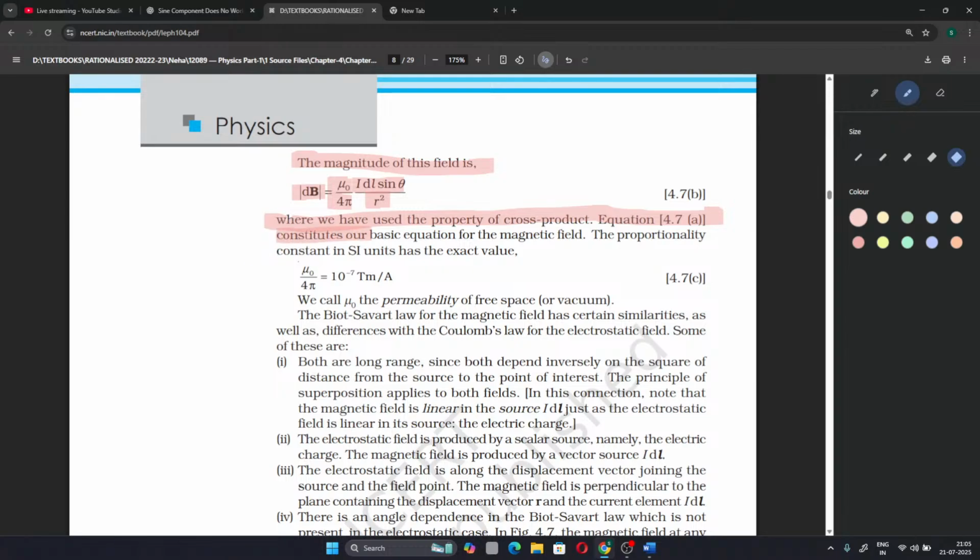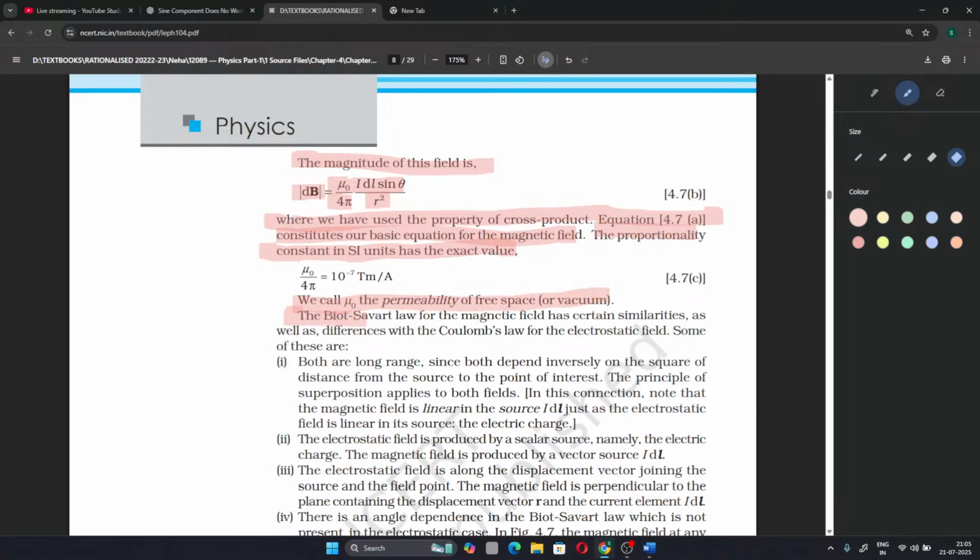This above equation constitutes the basic equation for magnetic field. The proportionality constant in SI units has the exact value of 10 power minus 7 Tesla meter per ampere. That is a unit. We call mu naught the permeability of free space or vacuum.